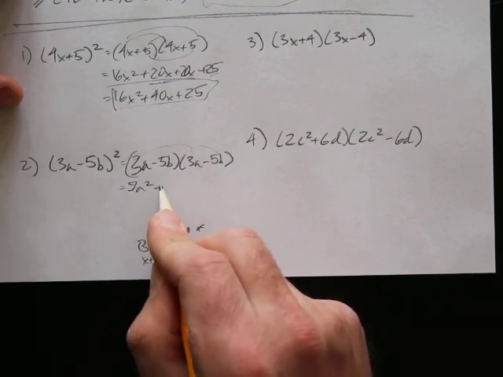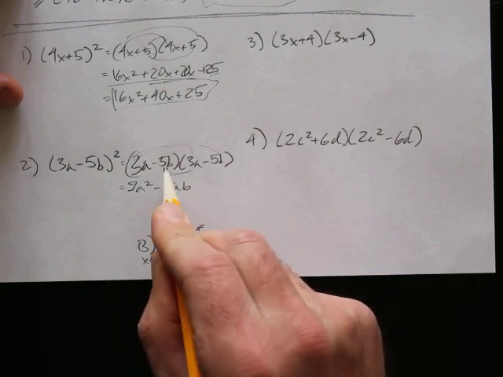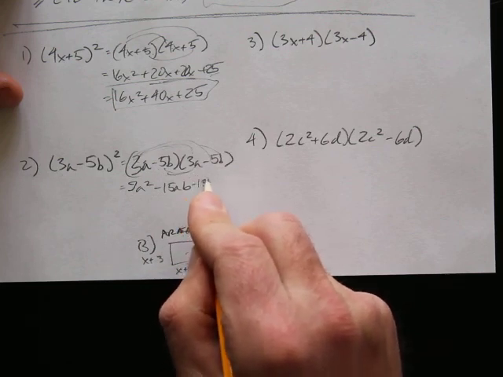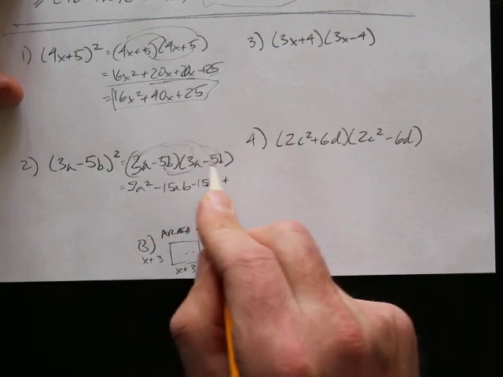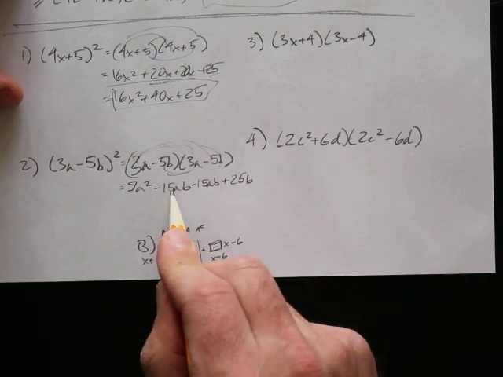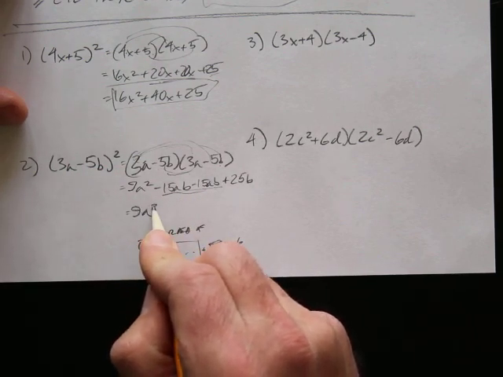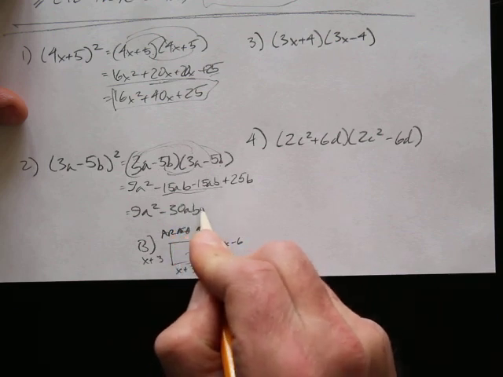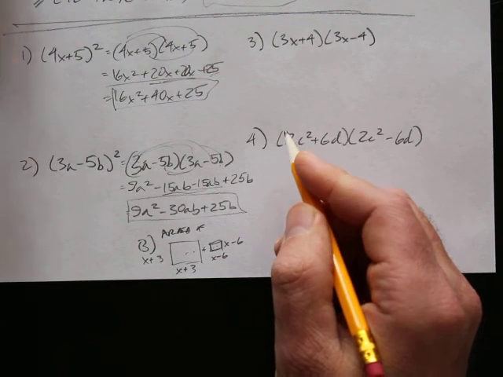Then I've got negative 15ab, and then I've got another negative 15ab, and then I've got a positive 5b times 5b, 25b squared. These guys are my like terms. 9a squared minus 30ab plus 25b squared is my answer for that one.